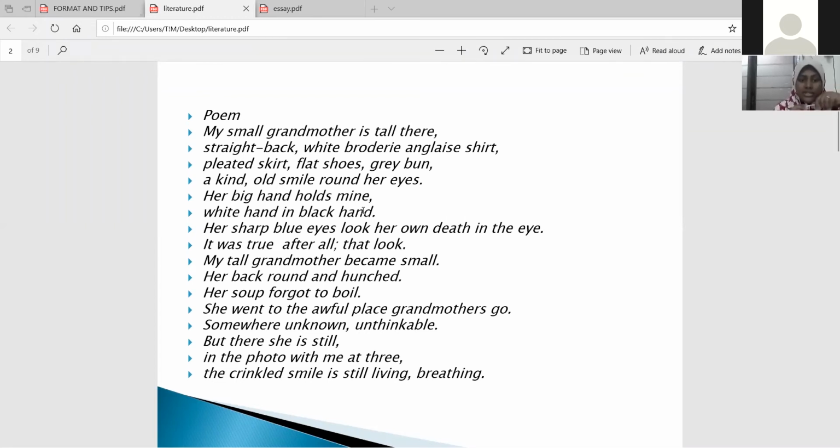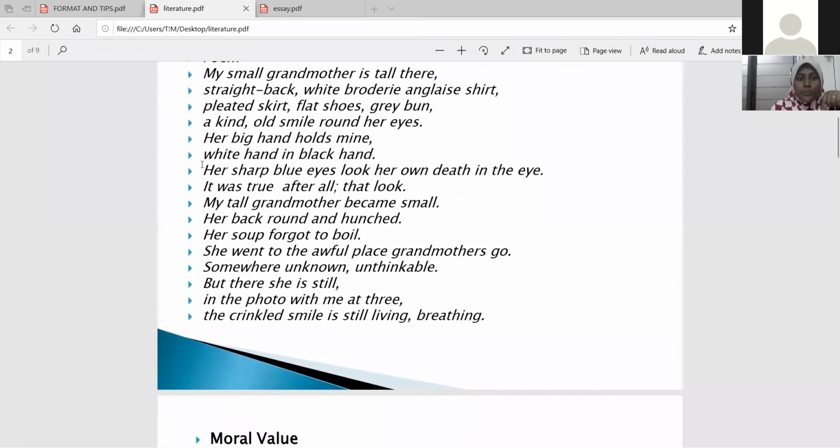It's not mentioned there. White hand in black hand. The words white hand in black hand show two different races, or maybe the grandmother is a Caucasian. How we're going to prove that is in the last line.